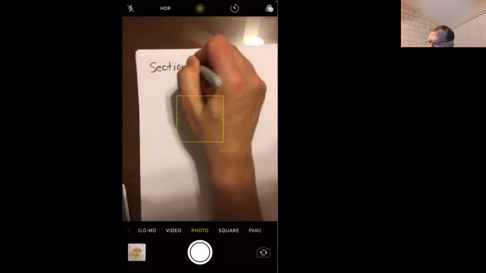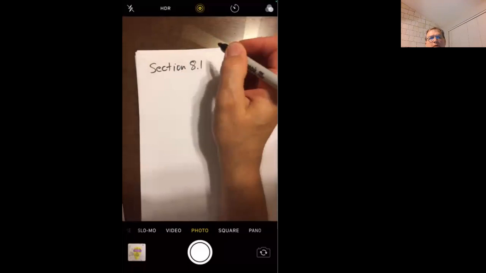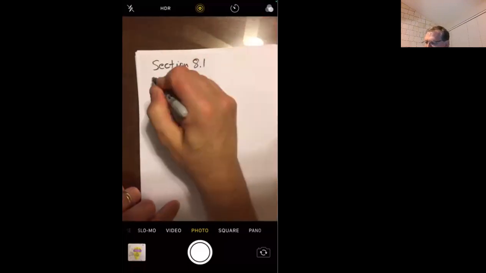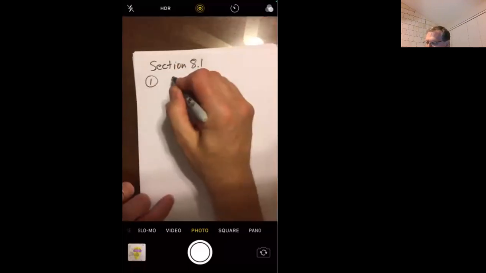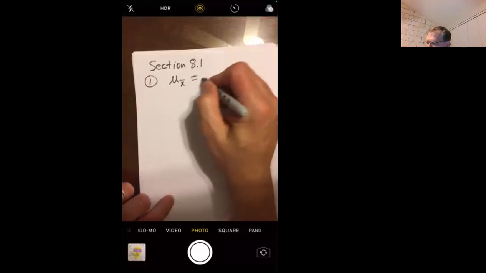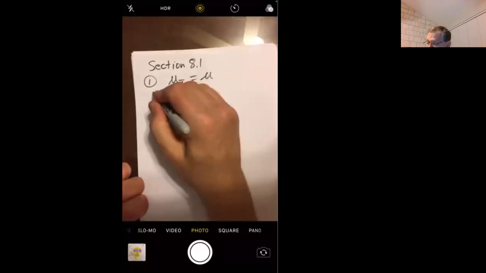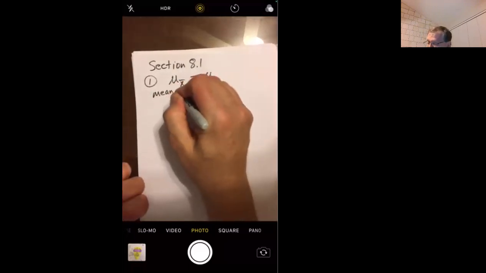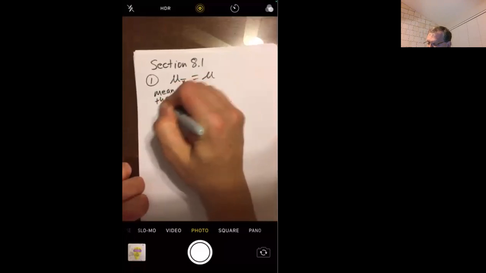I think I will work some more problems from section 8.1. Hope everybody remembers from last week. It had two formulas in it. We called it Formula 1. There's really no work to do in Formula 1. In words, this means the mean of the sampling distribution.